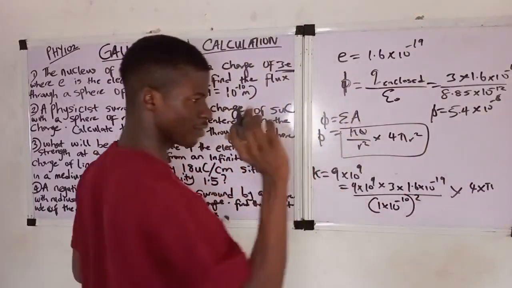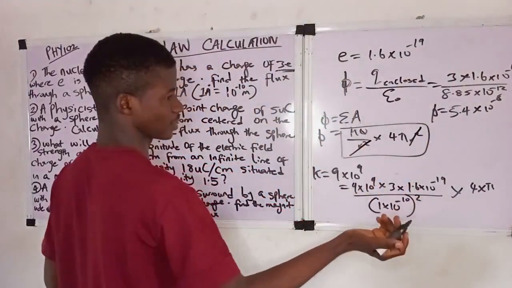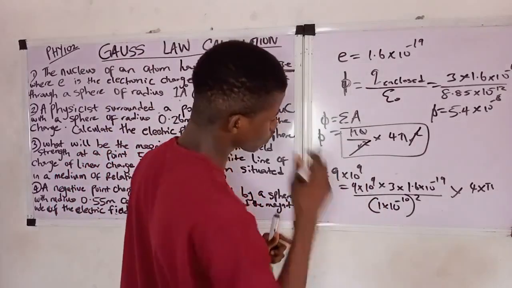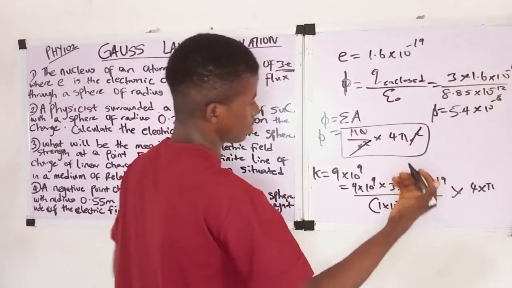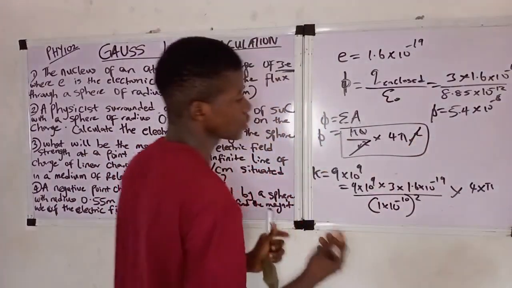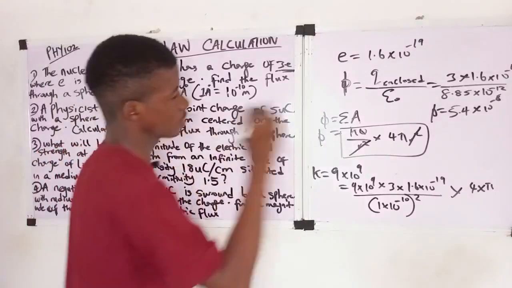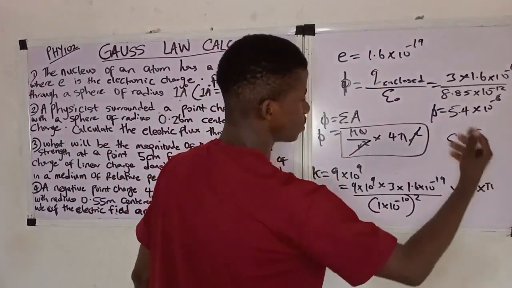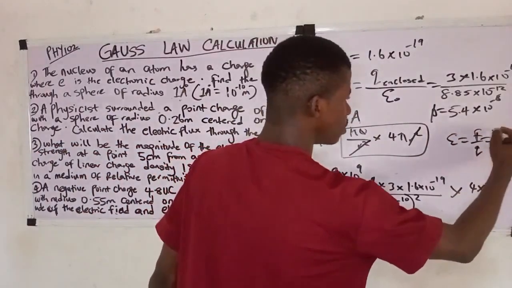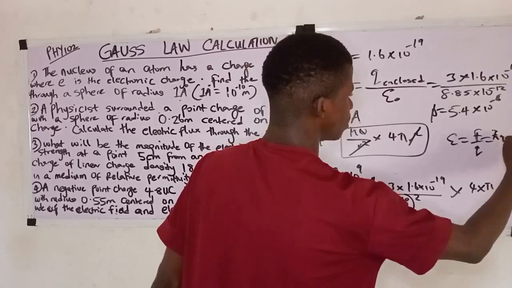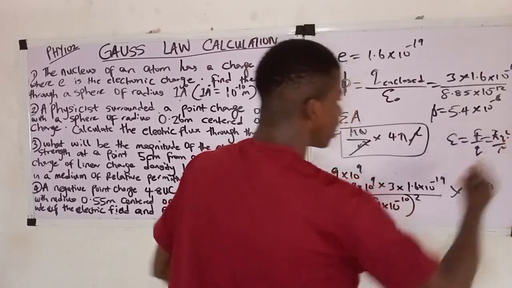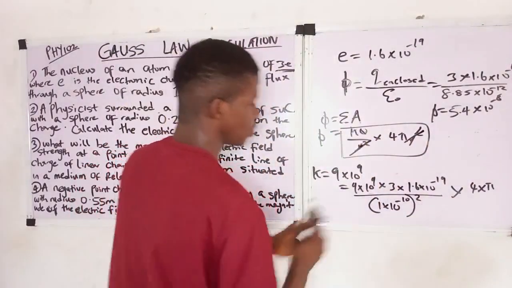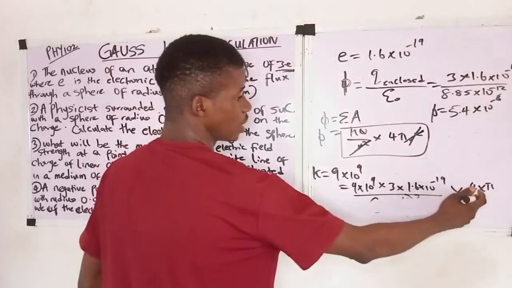Now, before then, these two can cancel, right? Yes, they can cancel. So we'll be left with 4 times pi.